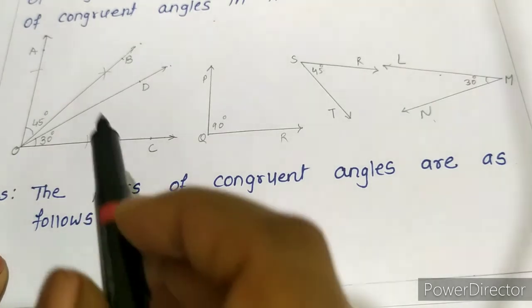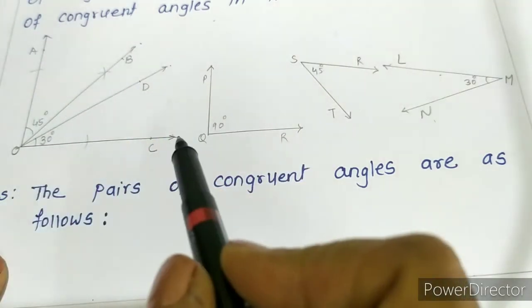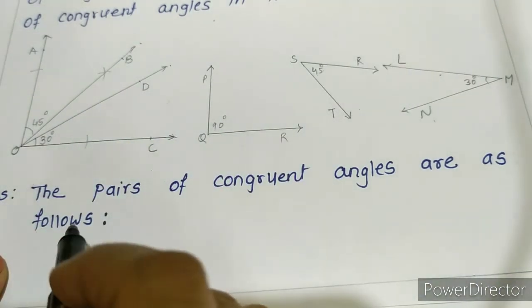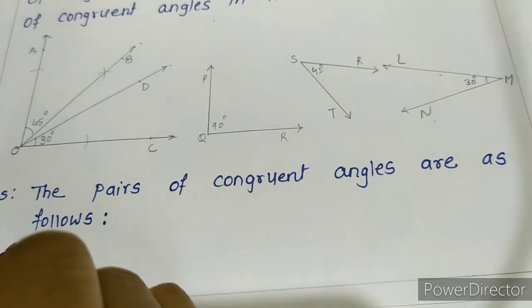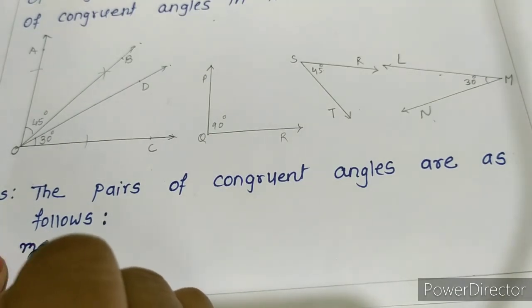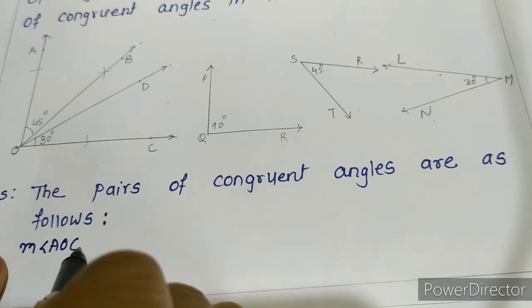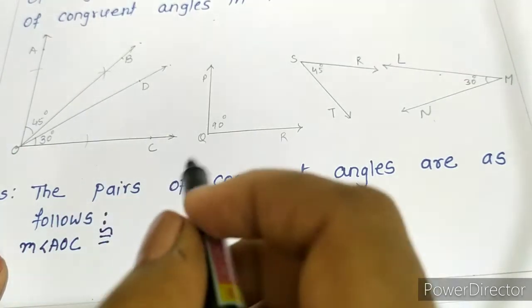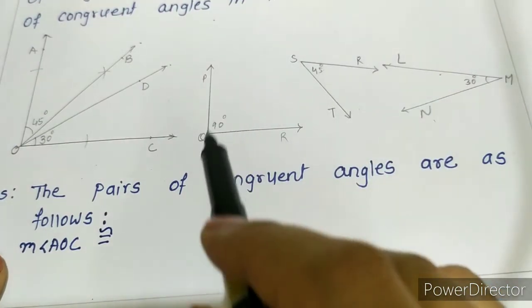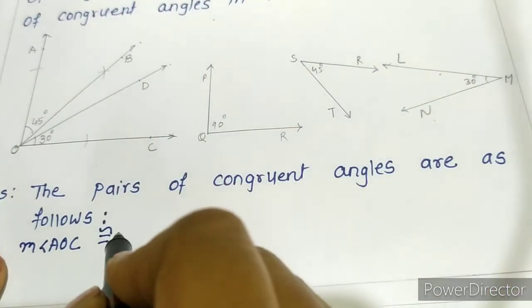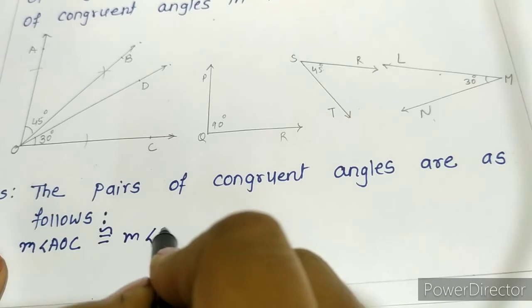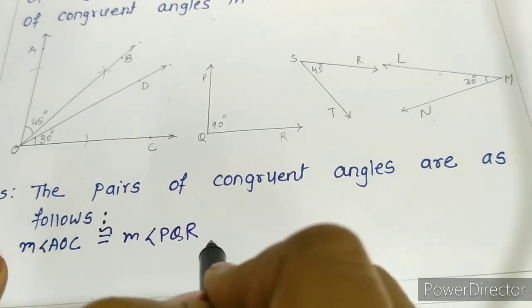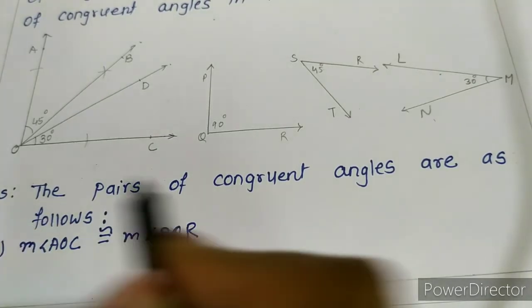First, we will take angle AOC. Measure of angle AOC is 90 degrees, and it is congruent to angle PQR. This is the first pair we got.